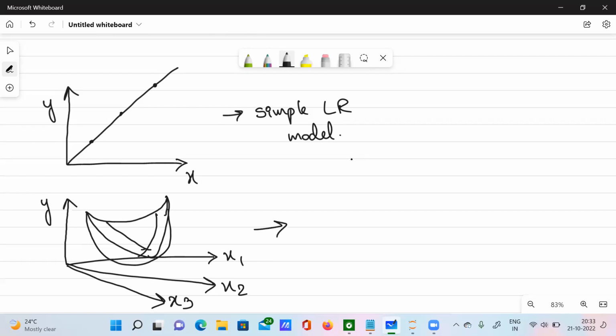So what we can call multivariate. Why multivariate? Because it has multiple variables, right? So it's a multivariate linear regression model. Do you get that? This is the basic difference here.